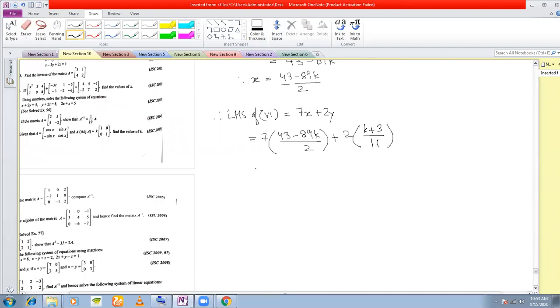Okay, so now let us check whether we're getting 43 into 7. You get 301 minus 89 into 7, 623, divided by 2 plus 2k plus 6 by 11. Okay, now you take the LCM. LCM is 22.